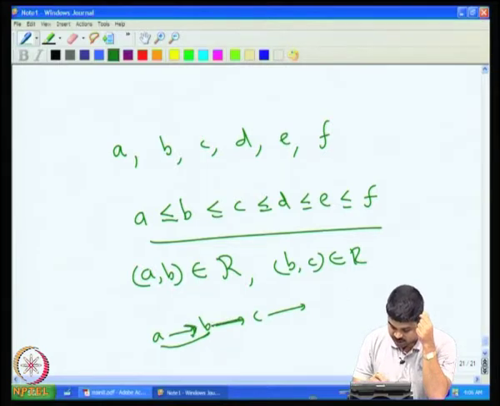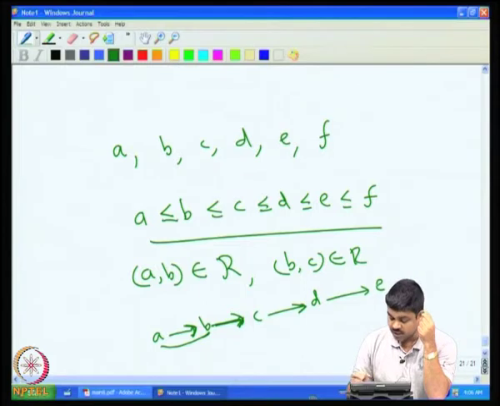The pair (B, C) is represented by a directed edge from B to C, the pair (C, D) by a directed edge from C to D, and so on.